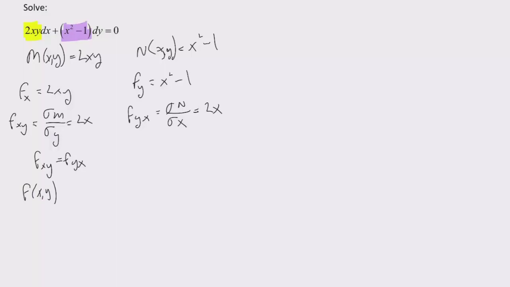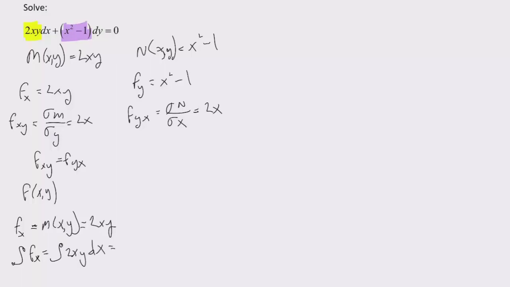Okay, so we're going to go back then to the initial m function, and that equals 2xy. And I want to integrate that with respect to x.